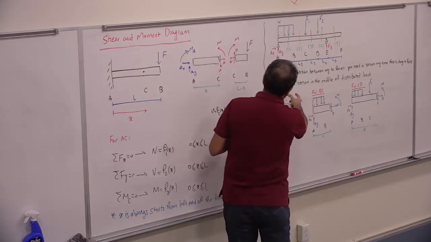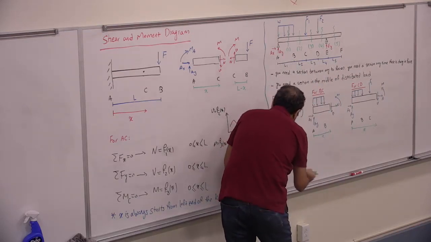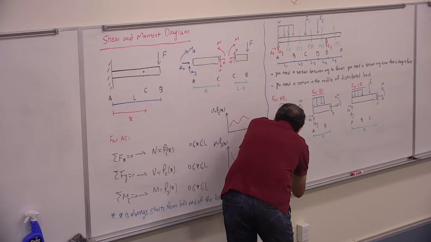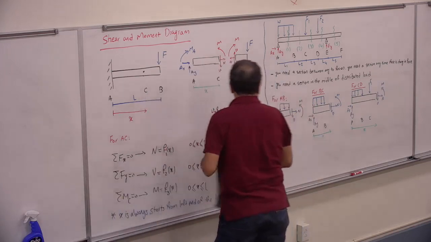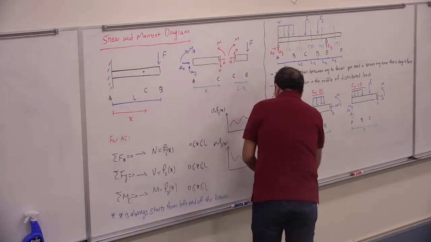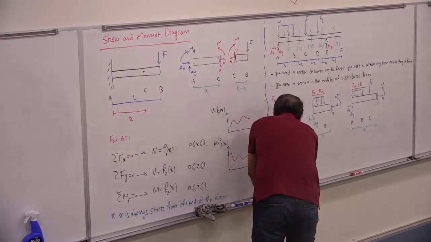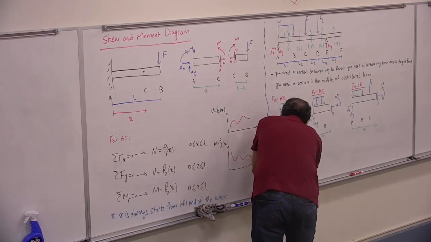For the AB, X would be between zero and L1.